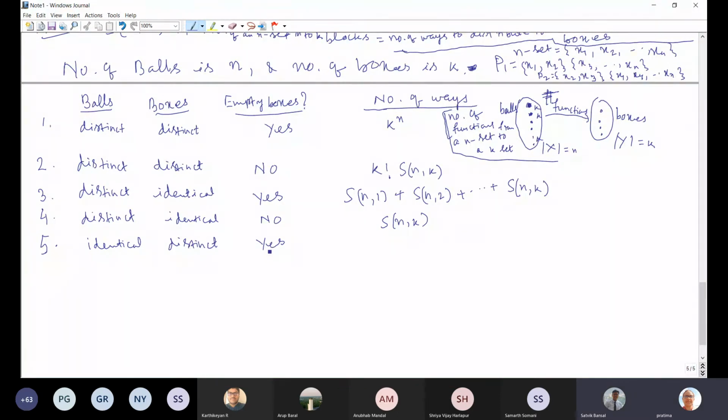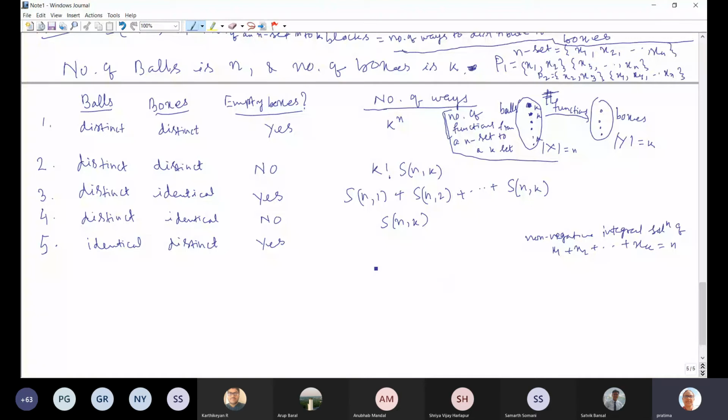N plus k minus 1 choose k minus 1. I have already told you this is the distribution of n identical balls into k distinct boxes, and some boxes may be empty. So this is exactly the non-negative integral solution of the equation x1 plus x2 plus ... plus xk is equal to n, right?